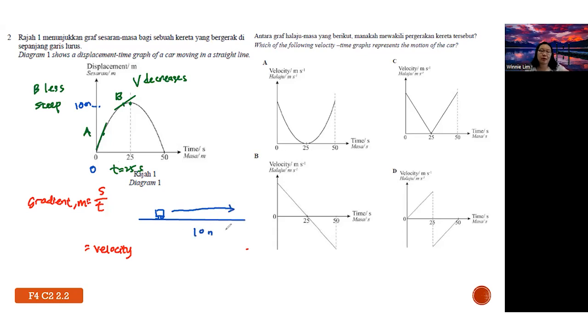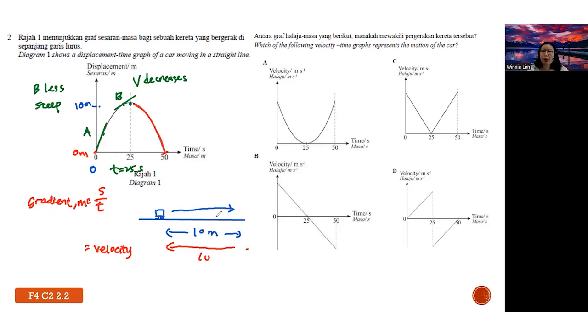So this is 10 meters, and this is the displacement. Upon the downhill part, which means this part, they go downhill, which means it will move backwards, then back to 0 meters. Notice? Okay, so this is the idea on the displacement-time graph.